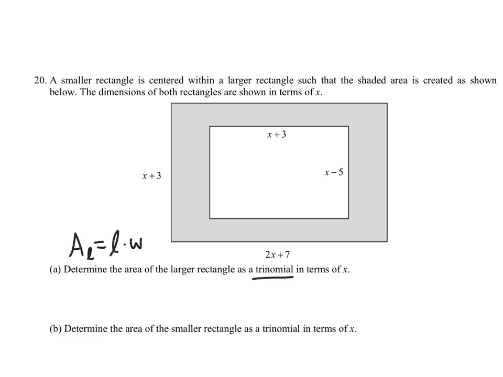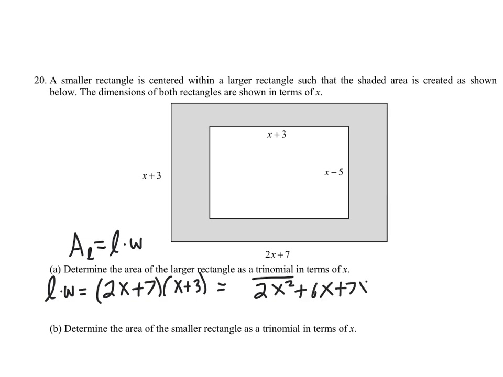So the larger rectangle is going to be 2x plus 7 times x plus 3. That's the length times the width. And that equals, using FOIL, 2x squared plus 6x plus 7x plus 21.